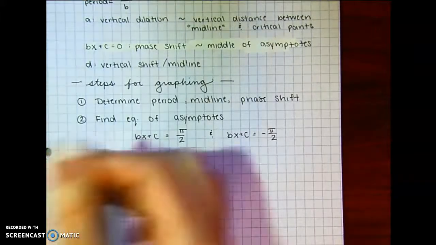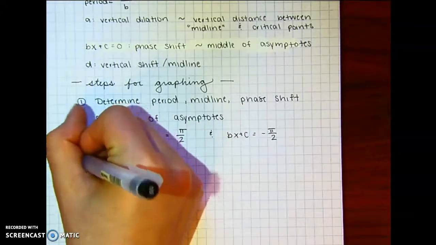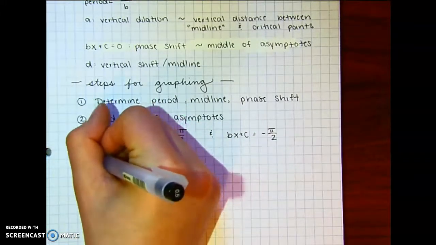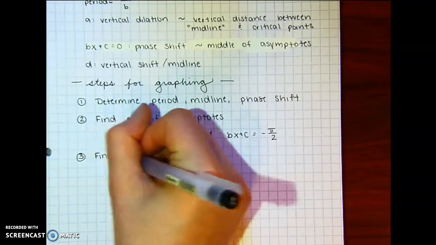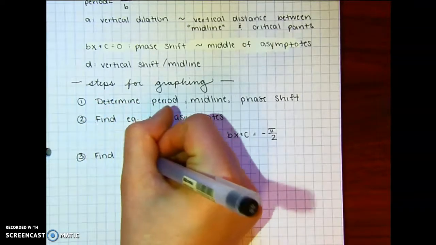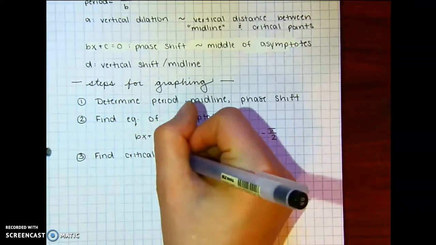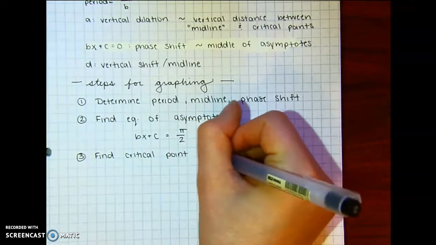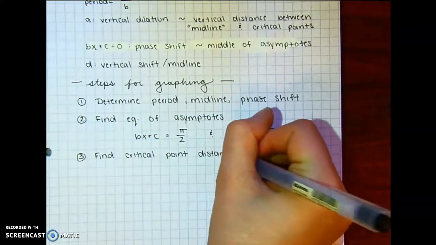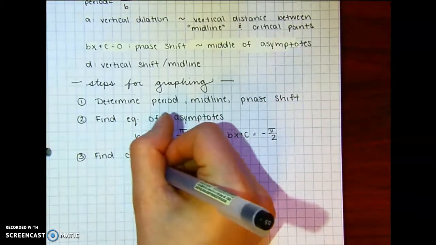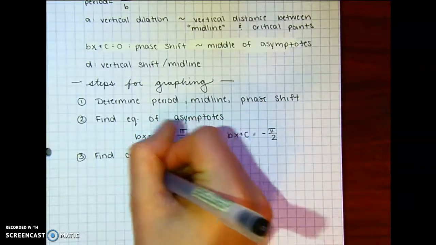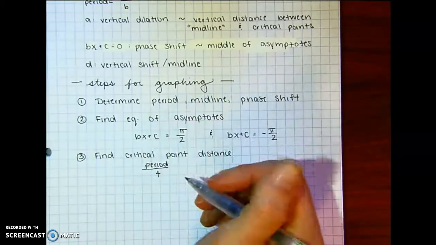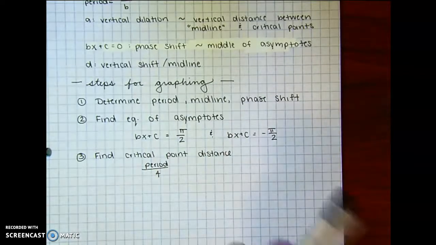The third thing you want to do is determine your critical point distance. And that's going to be your period divided by 4. And then graph.